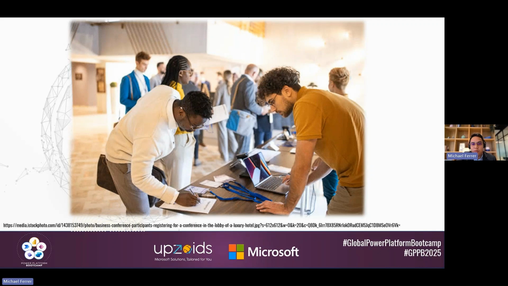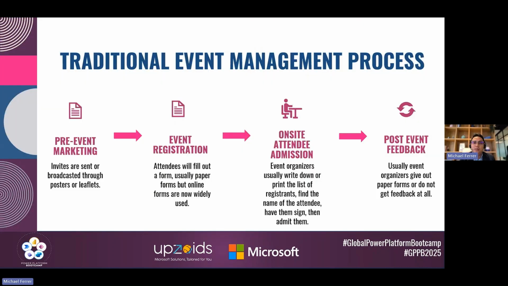So I'm going to take some time to discuss the traditional event management process. I broke it down into these processes when managing events. I'm in no way an expert in events management, by the way, but this is what I've observed through experience.